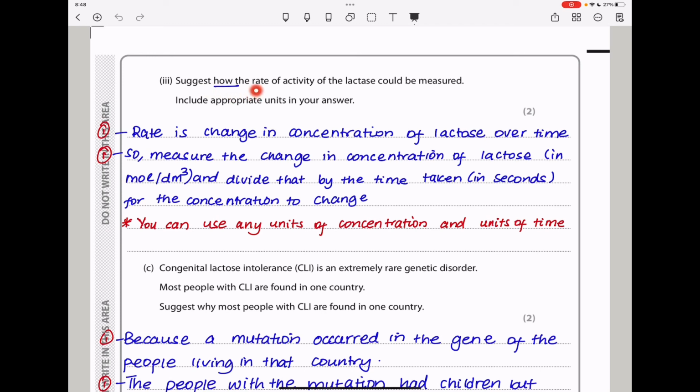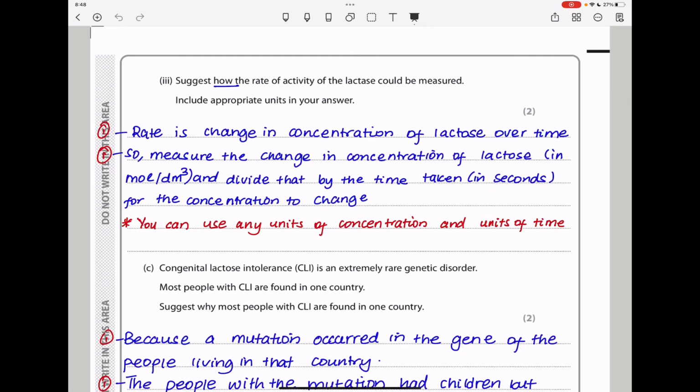Here they suggest how the rate of activity of the lactase could be measured. They want you to include appropriate units. Since we want to measure the rate of activity of an enzyme, we need to know the change in concentration of lactose within a specific time. If you use concentration, you do mole per decimeter cubed per second, mole per decimeter cubed per minute.